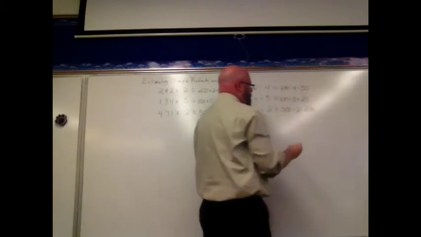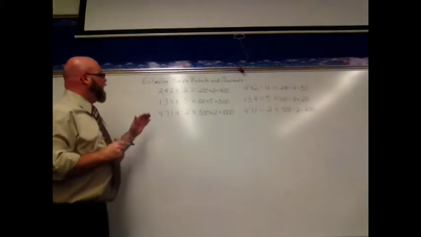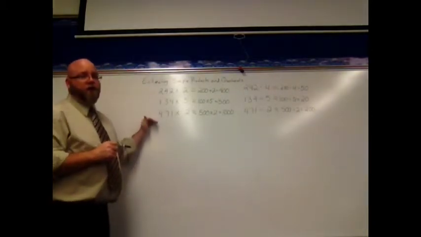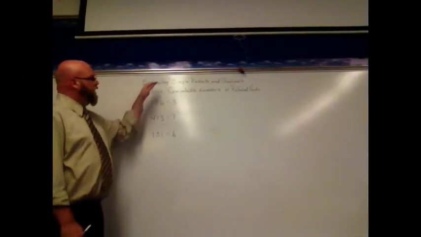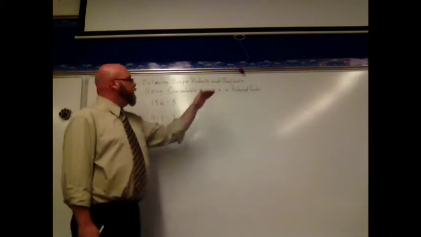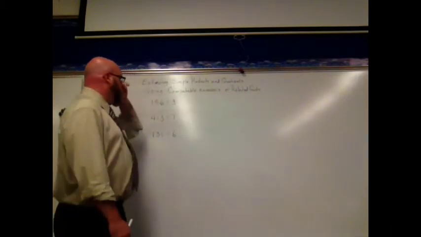250. Most of the time when we estimate, we're using the idea of rounding, then solving to find the product or the quotient. Another way that we can sometimes estimate quotients in particular is through using compatible numbers or related facts.